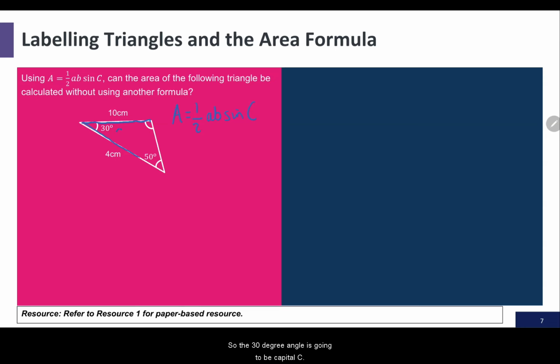So the 30-degree angle is going to be capital C. A will be equal to 10 and B will be equal to 4. Now A and B are interchangeable. So in this case here, can the area be calculated without using another formula? The answer is yes, it can.